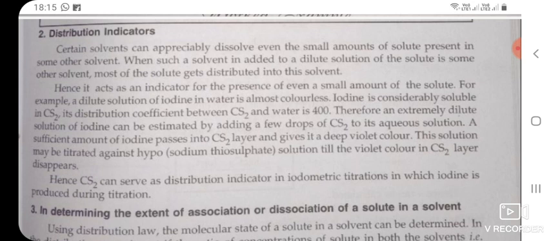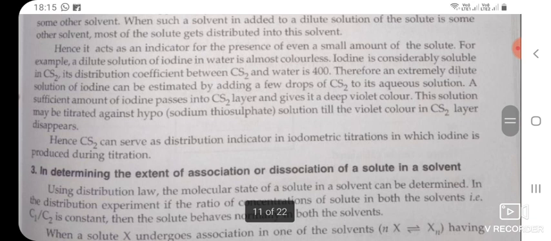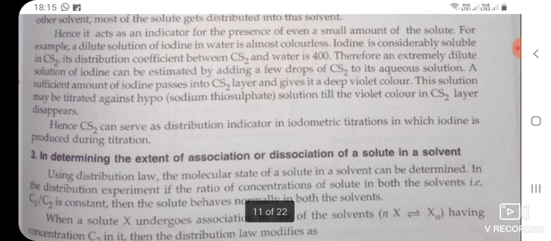A sufficient amount of iodine passes into the CS2 layer and gives it a deep violet color. This solution may be titrated against hypo, sodium thiosulfate solution, till the violet color in the CS2 layer disappears. Hence, CS2 can serve as a distribution indicator in iodometric titrations in which iodine is produced during titration.